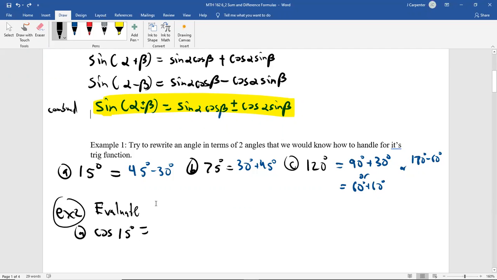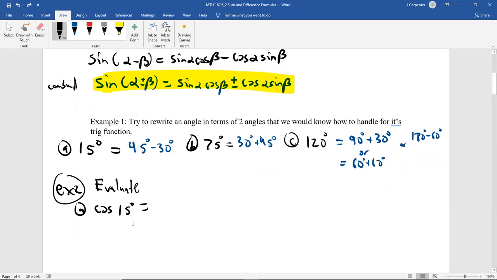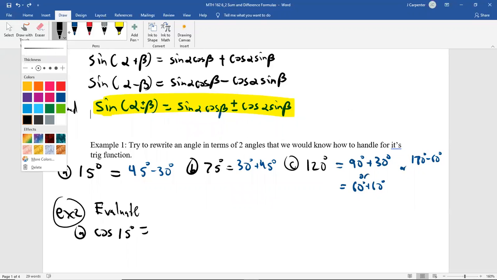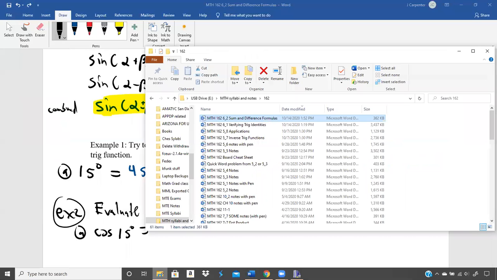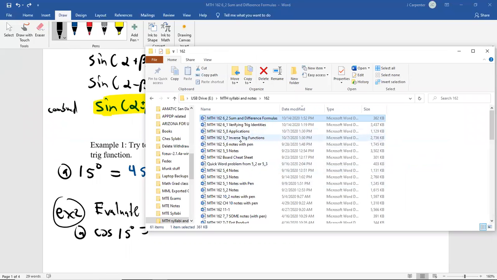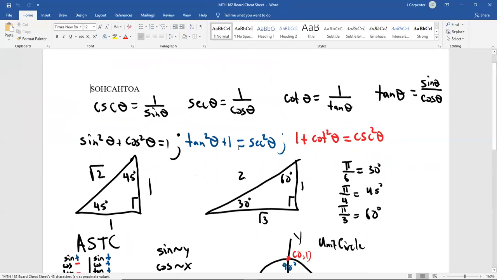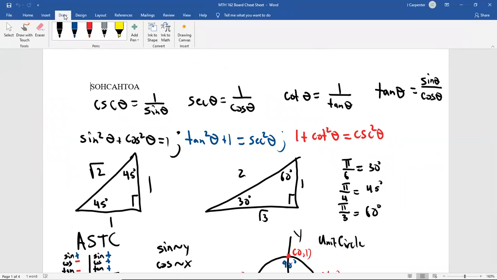All right, so let's get down to brass tacks and actually see this now. Evaluate the cosine of 15 degrees without the use of a calculator. So you've got to go, well, I'm not allowed a calculator, and Mr. Beckner said without a calculator, there's only so many different angles we can handle this with. I know how to handle 30, 45, and 60, again based on these two triangles.